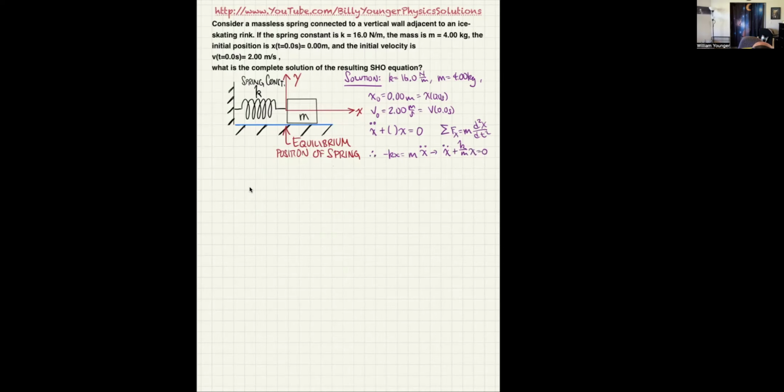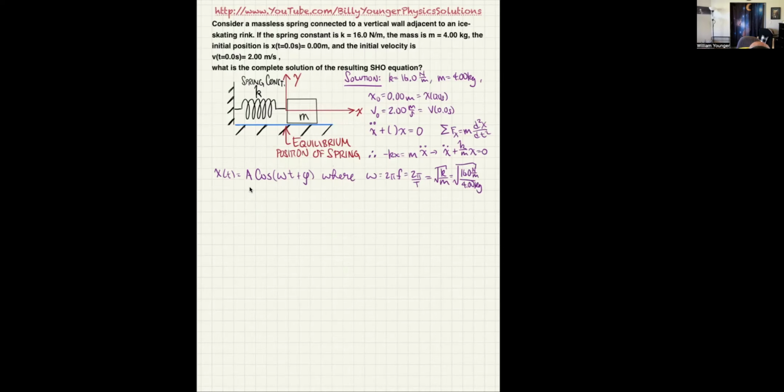Our solution to that, at least the version that our textbook normally uses, is x of t is equal to A cosine of omega t plus phi, where the angular frequency omega, which is also 2 pi times the frequency, which is also 2 pi over the period, is just equal to the square root of k over m, which for this is 16.0 newtons per meter over 4.00 kilograms.